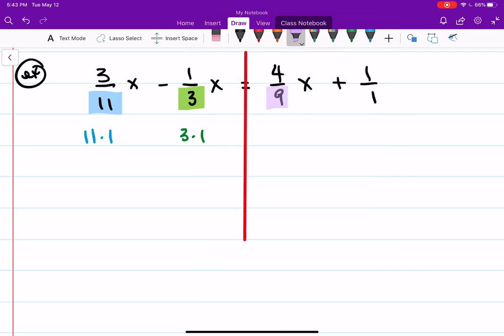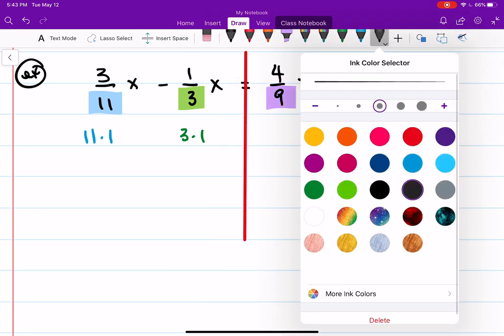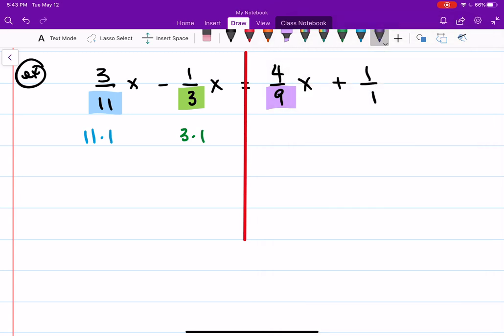Let's do the purple. And we need the purple pen. There we go. So 9 is 3 times 3. And the 1 is just 1.